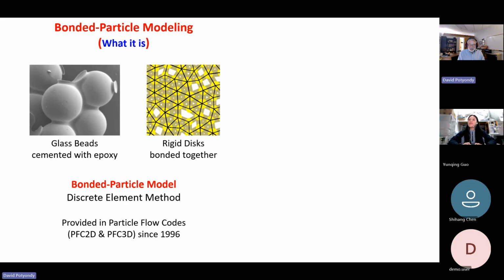As of now, Itasca started selling this in 1996, and at this point there's probably, give or take, about 2,000 licenses that have been sold for PFC over that whole period of time. So that gives you some idea. Most computational codes like finite element codes, like Abaqus or ANSYS, they probably have 1 million sales, right?